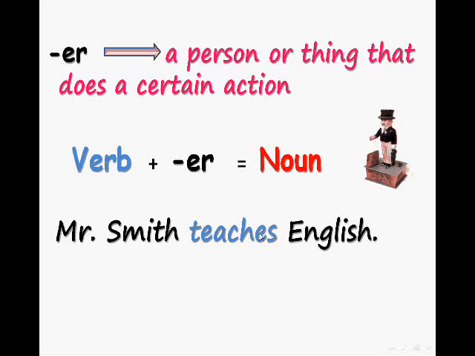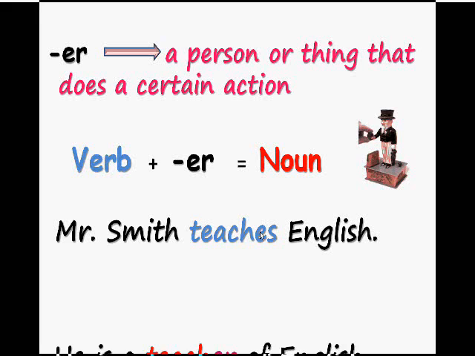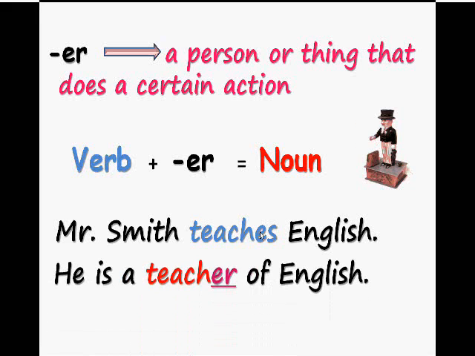So with, of course, Mr. Smith is he, so we have to put es because the verb takes s with he, she, or it when we talk about present simple tenses. Okay, so because he teaches English, then he is what? He is a teacher of English. Okay, so I add er to the verb, which is teach, because of course I'm talking about his job now. So he's a teacher of English.